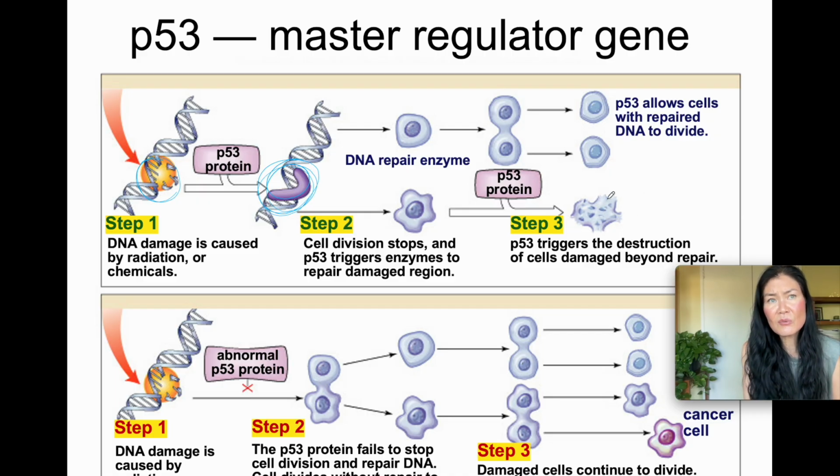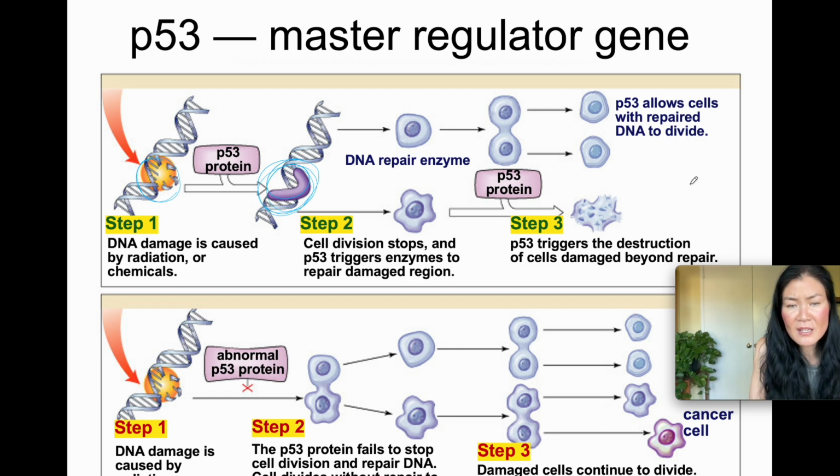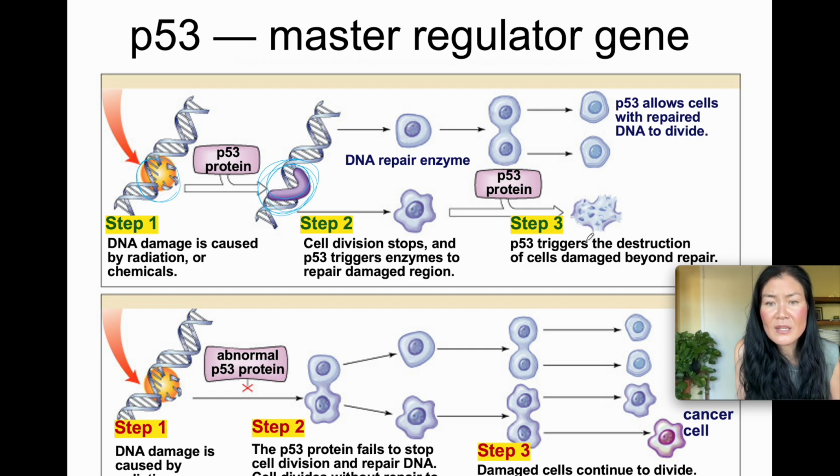So P53 is so important because it allows cells to repair their DNA, but also it stops that damaged cell from reproducing.